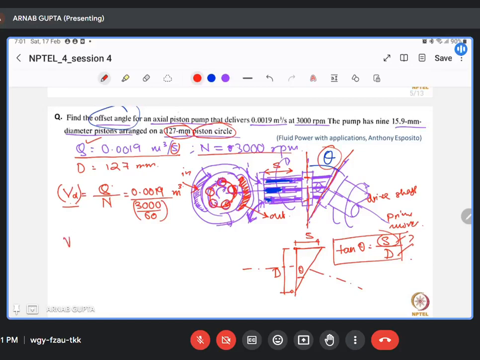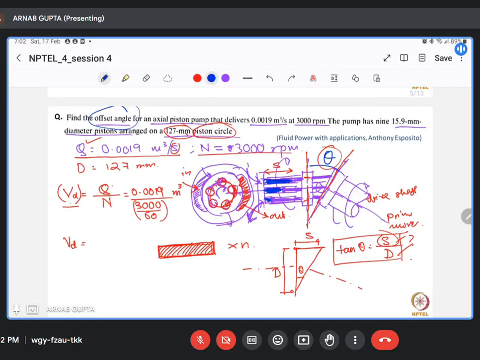Okay, so we also know from the geometrical considerations that this volumetric displacement is nothing but the volume of each cylinder, the expanding and contracting volume, multiplied by the number of cylinders.